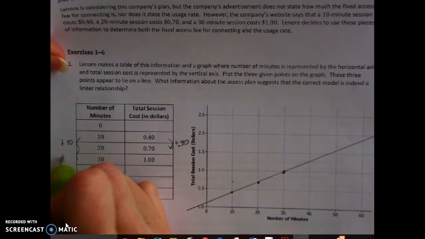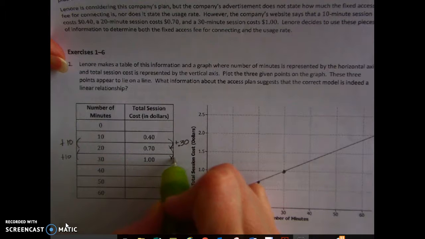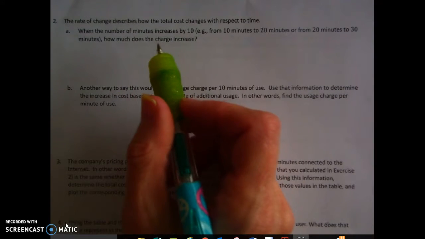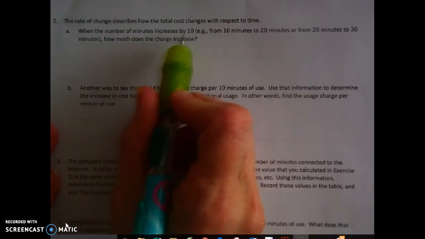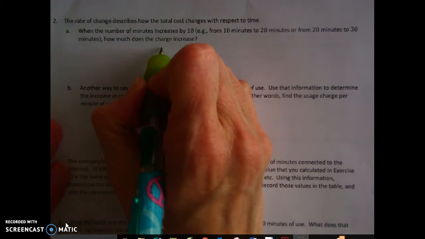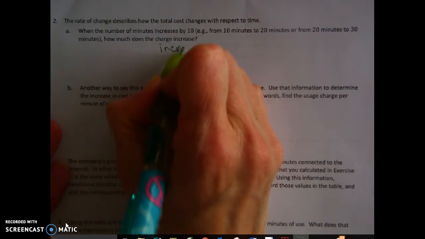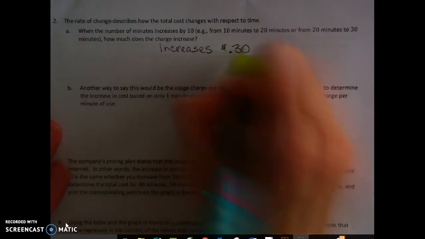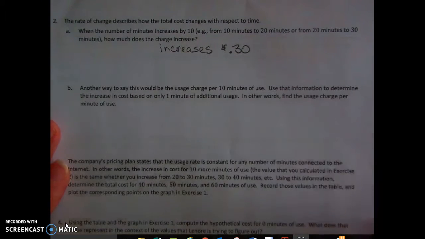Another change of 10 increases by another 30 cents. So answering the question, when we increase by 10 minutes, how much does the charge increase? It increases 30 cents.